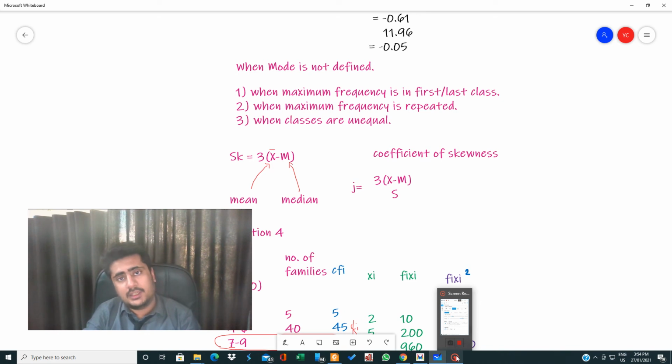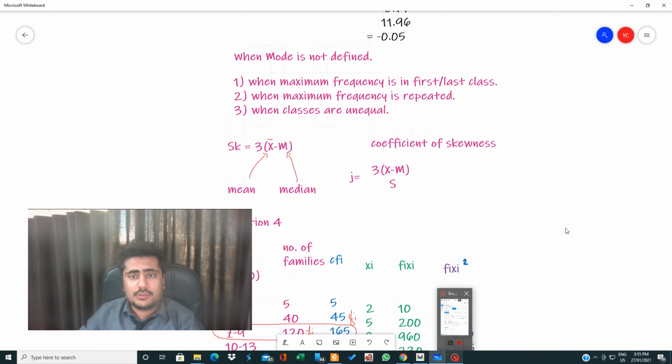In the question it will not be given that mode is not defined. You have to see the question. If the mode is not defined, or any of these three conditions holds, then you have to automatically select the formula 3 into mean minus median. We'll find mean, median, and standard deviation, and then skewness and coefficient of skewness.